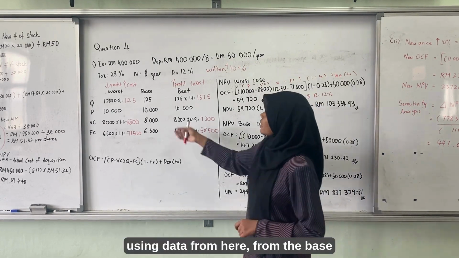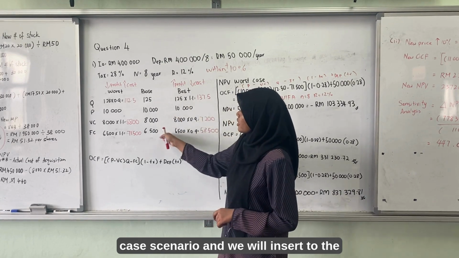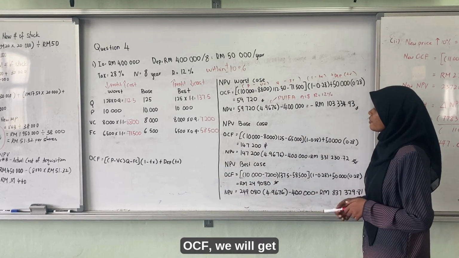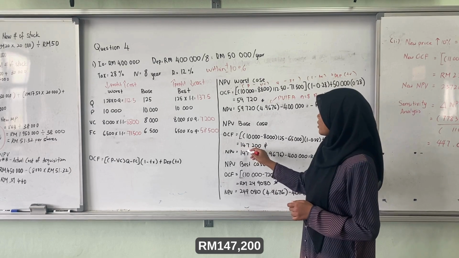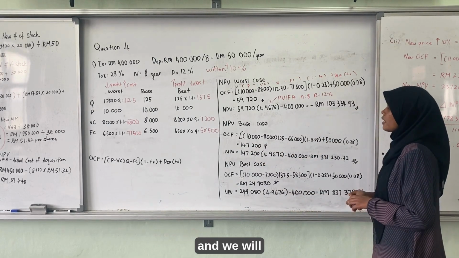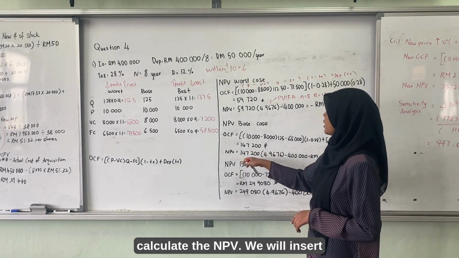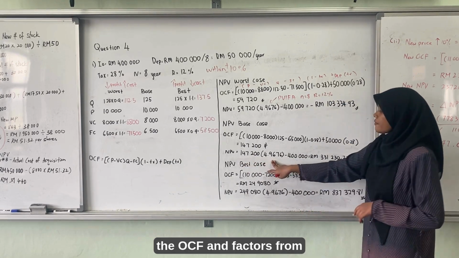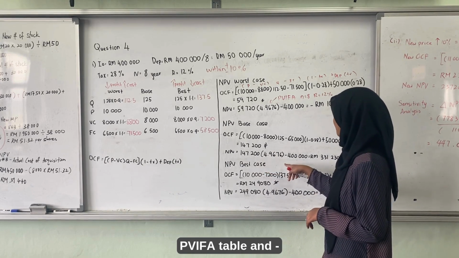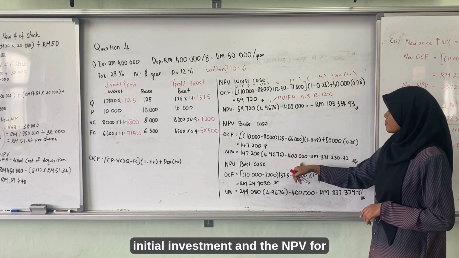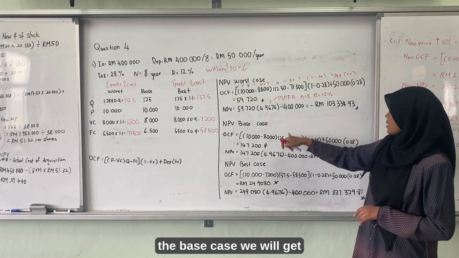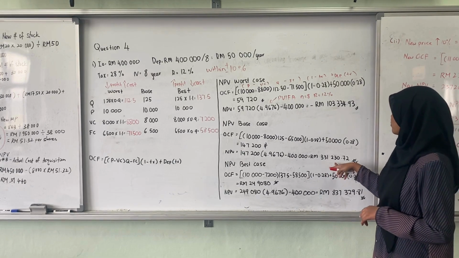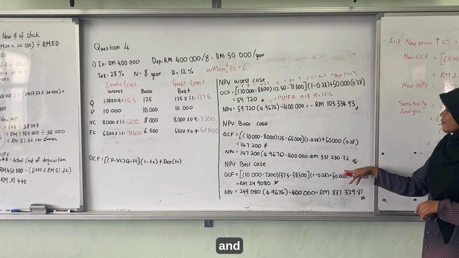Next we will calculate the NPV for the best case scenario. We will use the data from the best case scenario and insert it into the formula. For the OCF, we will get 147,200, and we will calculate the NPV. We insert the OCF and the factor from the PVIK table and minus the initial investment, and the NPV for the best case we will get RM331,230.72.